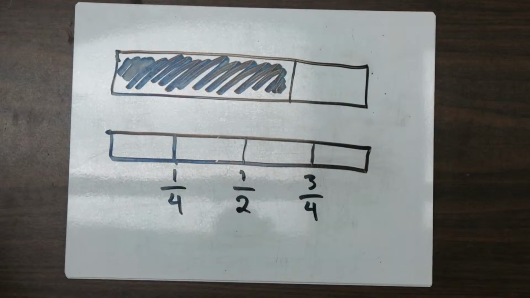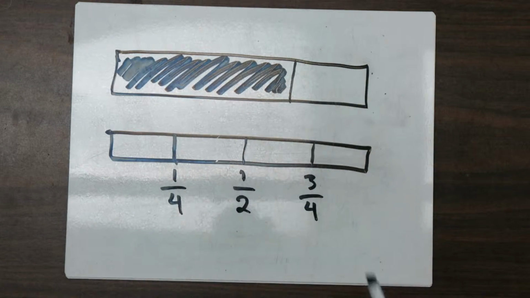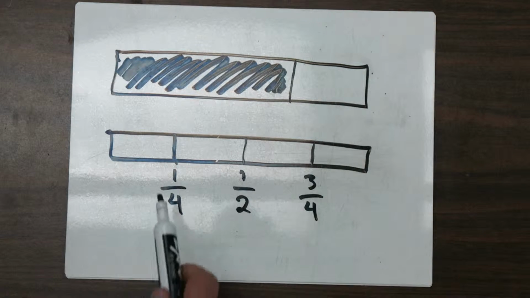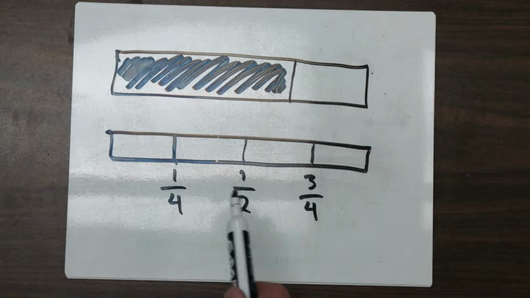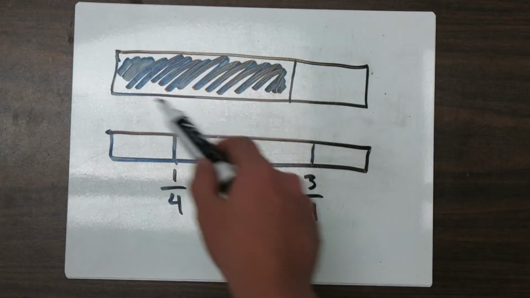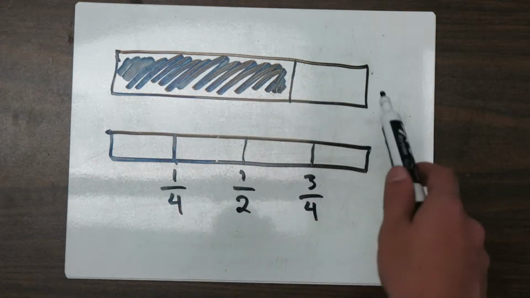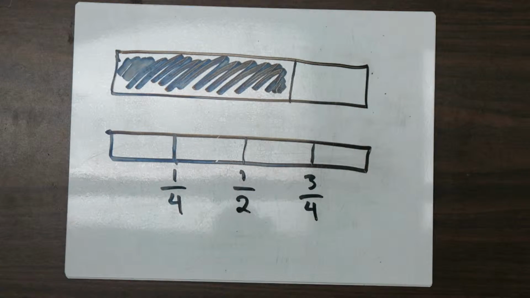Well, let's take a look at the next example. So I have this bar right here, and it's shaded in some amount, but I don't know exactly what amount. Well, I can use a fraction bar like this with my fractions labeled 1/4, 1/2, 3/4 to estimate how much this actually is, or what fraction this shape is showing us.